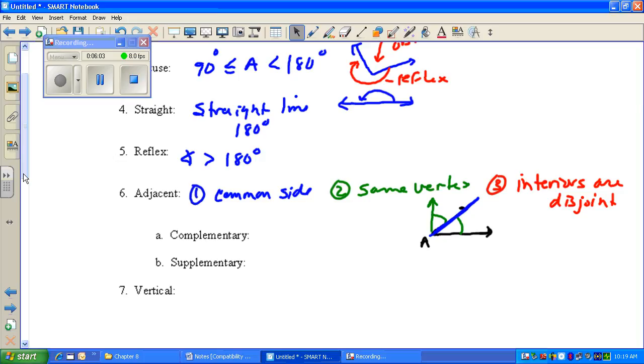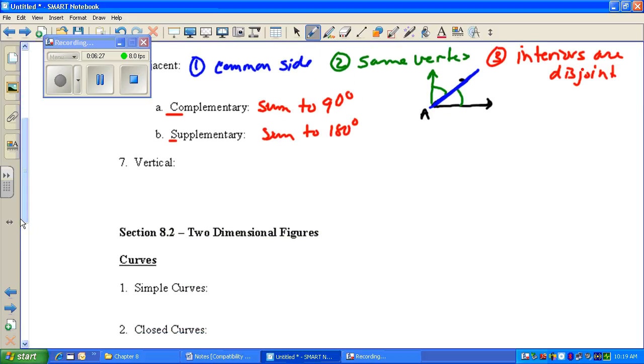We look at these adjacent angles, and if by chance they sum to 90 degrees, we call them complementary. And I remember that because 90 is before 180. Complement, C comes before S supplement. That's just kind of a little way to help yourself remember those angles.